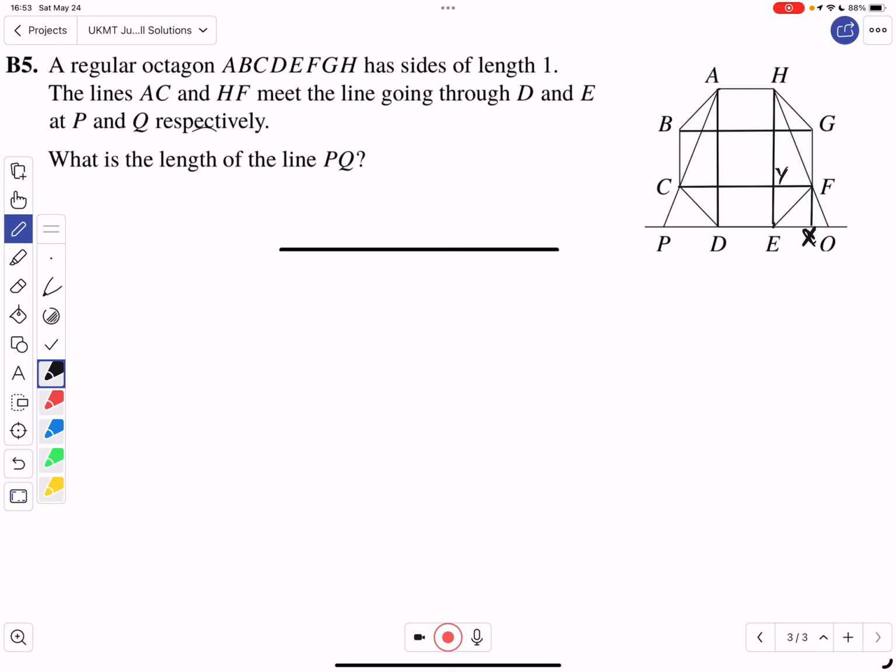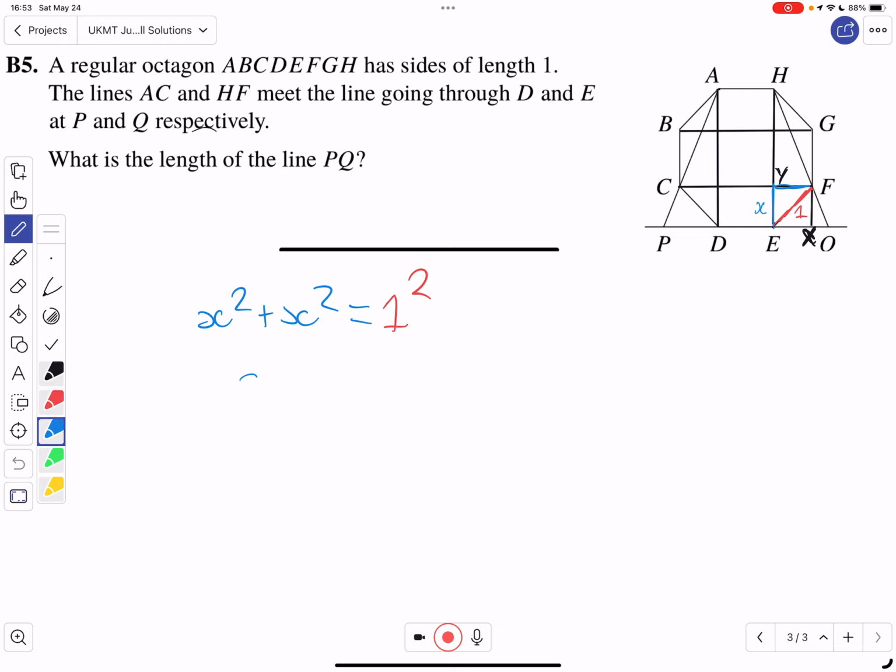And now I'm going to find the length of this blue line over here. This length here is 1 because it's just a side length. And this length here is equal to this length here because this octagon is regular. So let's label this x. The length is x. x squared plus x squared is equal to 1 squared. This is just the Pythagorean theorem.